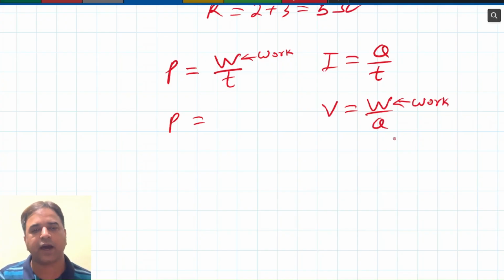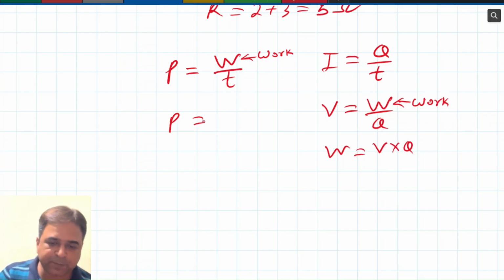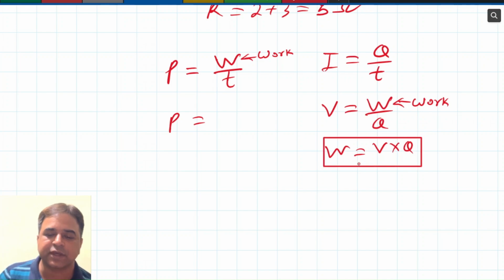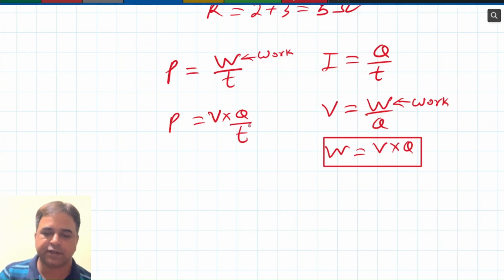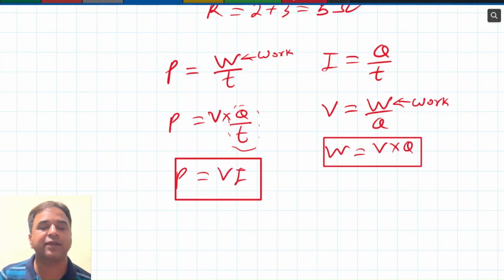If I write this work, W will be equal to V into Q. In place of work, if I substitute V into Q, it is going to be V multiplied by Q, and the whole upon T. You can see here, Q upon T can be substituted with I. So power is equal to V into I. This is how you can derive the formula for power.